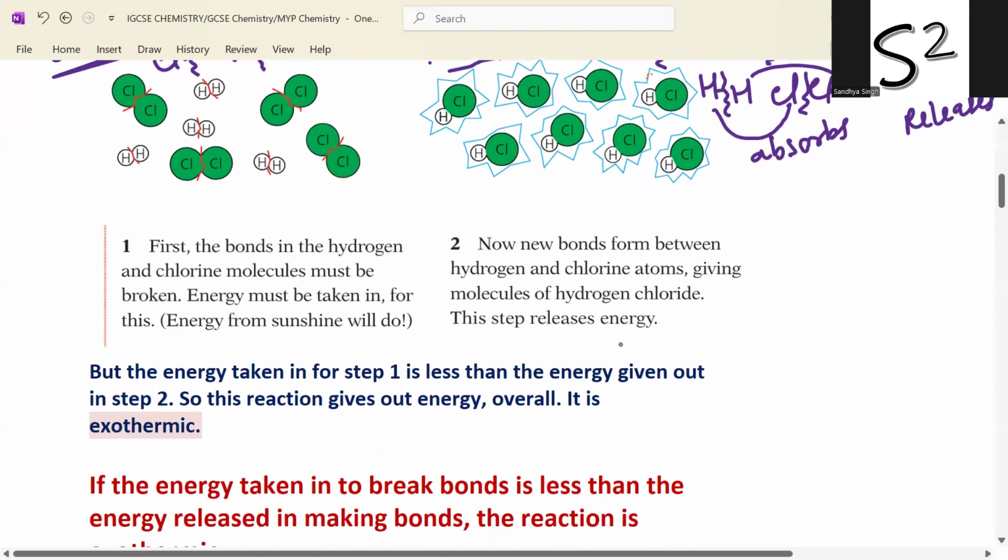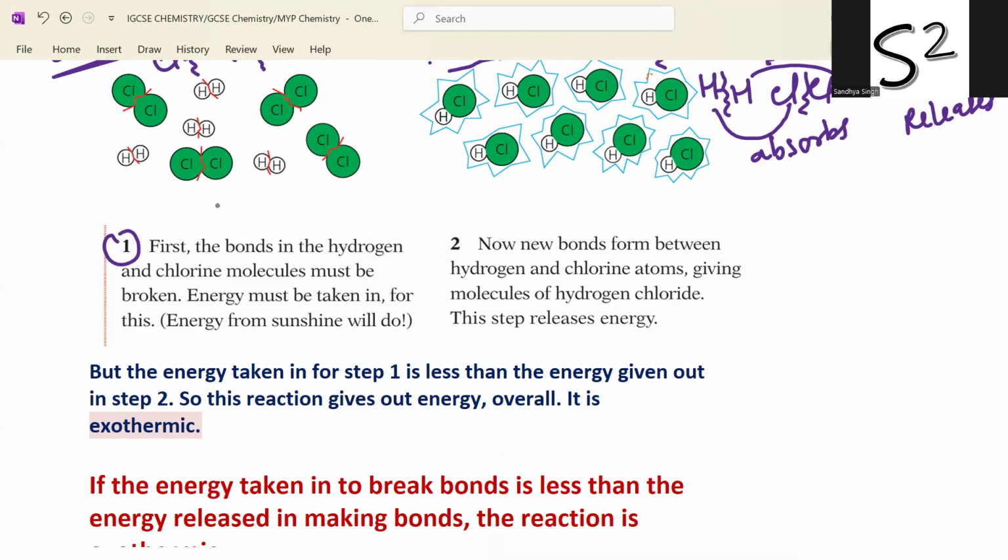But the energy taken in step 1, during the bond breaking process, is less than the energy given out in step 2. Here, the energy absorbed is less.